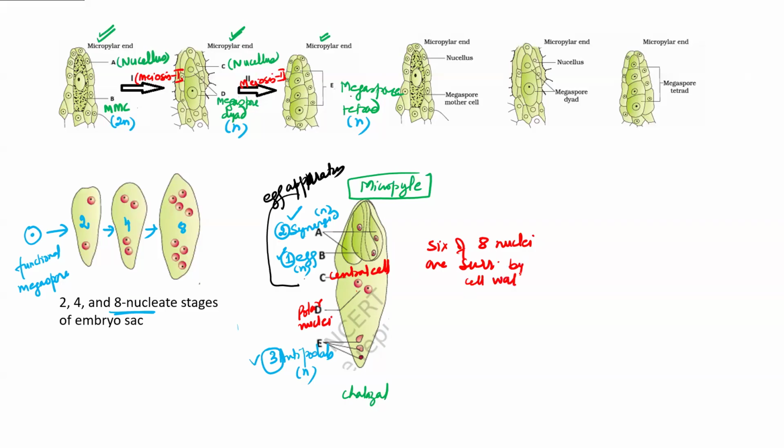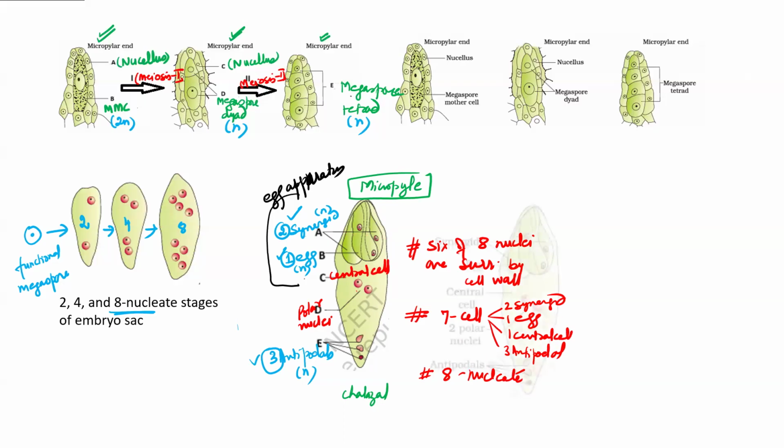We lay down the cell wall around 6 nuclei, but the total cells we have discussed are 7: 2 synergids, 1 egg cell, 1 central cell, and 3 antipodals. But the nuclei are how many? It is 8 nucleate. This is the diagram of the mature embryo sac.